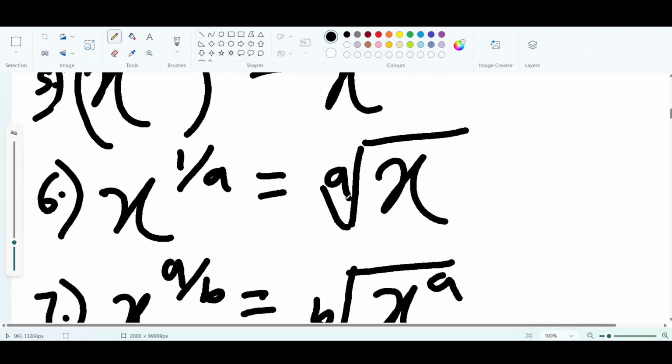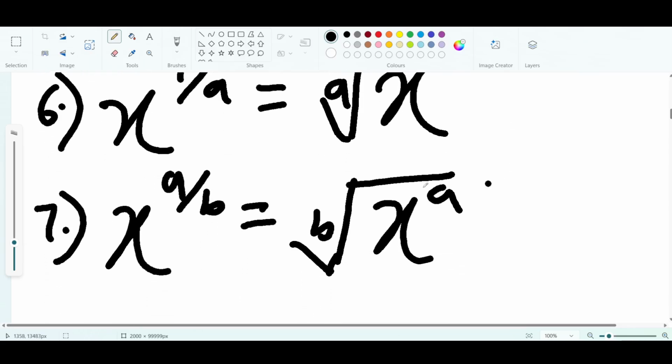If it is 3, we call it the cube root of x. If it is 4, we call it the 4th root of x. If it is 5, the 5th root of x. If it is 6, the 6th root of x. So x raised to power 1 over a is going to be the a-th root of x.